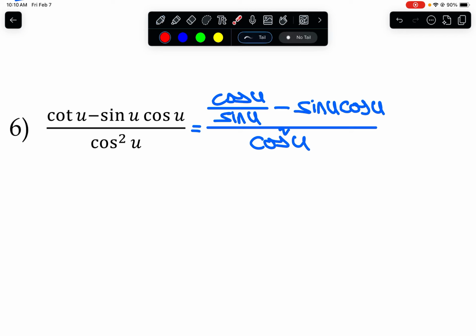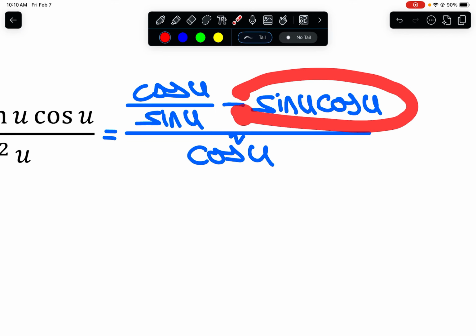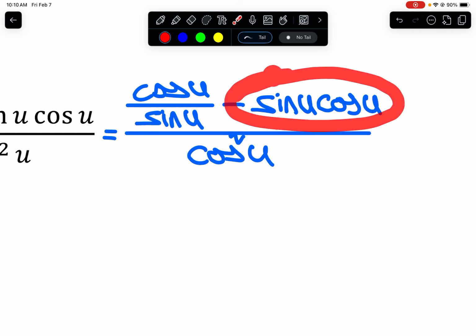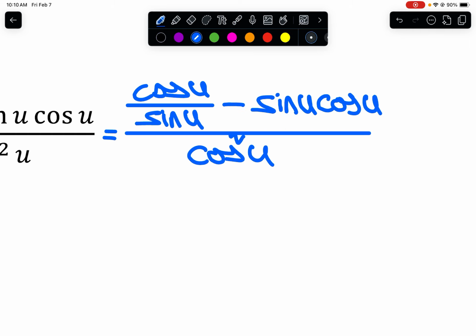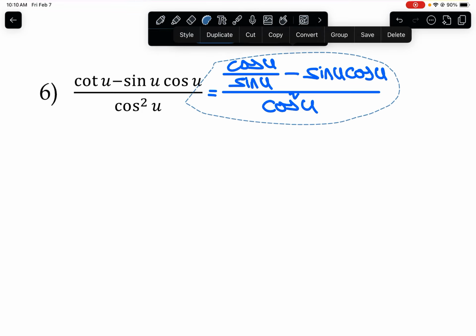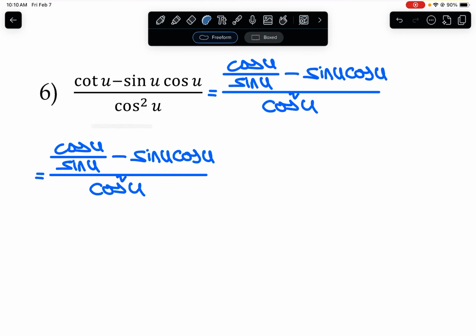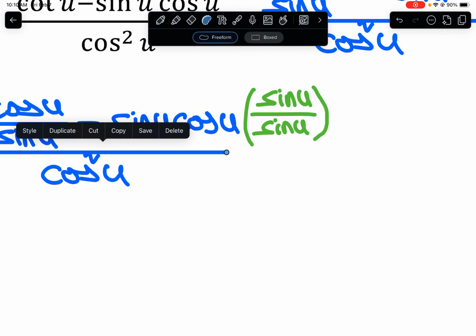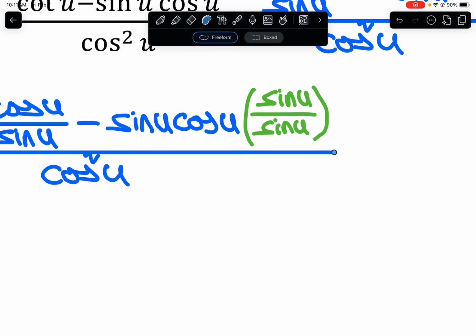Now, similar to the previous problem, we need this part over here to have a common denominator. So I need to multiply this by sine u over sine u. So because I am a lazy mathematician, copy and paste. I'm going to multiply the top over here by sine u over sine u. I'm going to extend my obnoxiously long fraction bar.